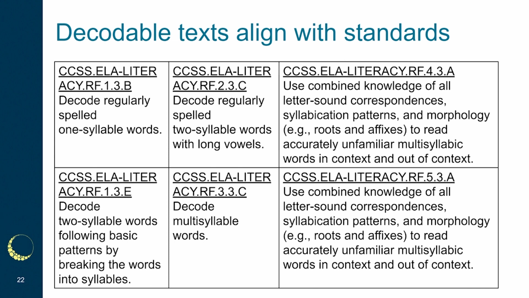How about going up to 2.3? Decode regularly spelled two-syllable words with long vowels. 3.3, decode multisyllable words. 4.3, use combined knowledge of all letter-sound correspondences, syllabication patterns, and morphology to read accurately unfamiliar multisyllabic words, and this part is important, in context and out of context.